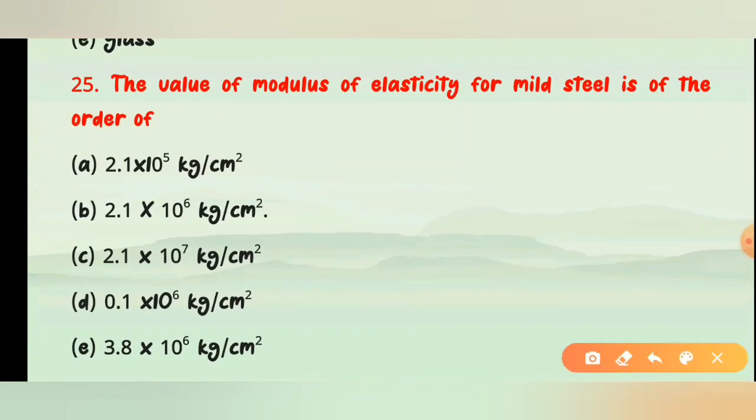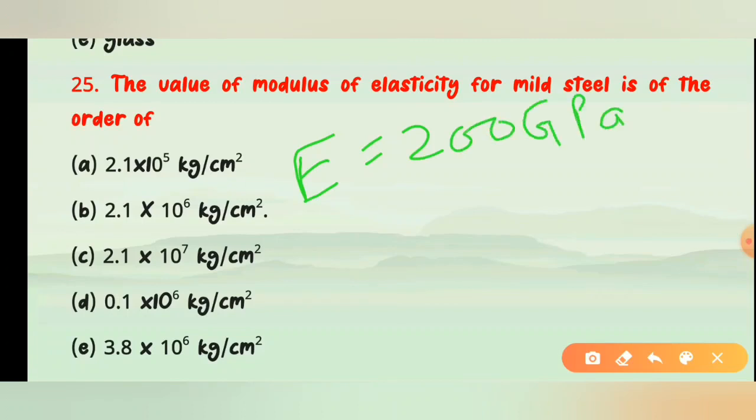Next, the value of modulus of elasticity for mild steel is of the order. We know from problems we have seen that modulus of elasticity, which is capital E, equals 200 GPa in SI unit for mild steel. But here the unit is given as kg per cm square. So 1 Pascal equals 1 Newton per meter square.